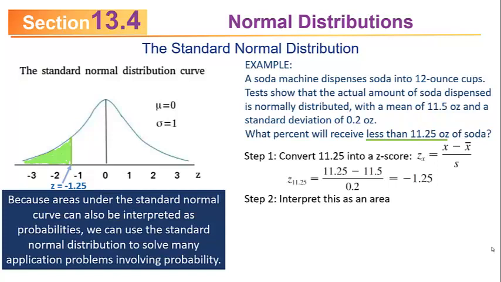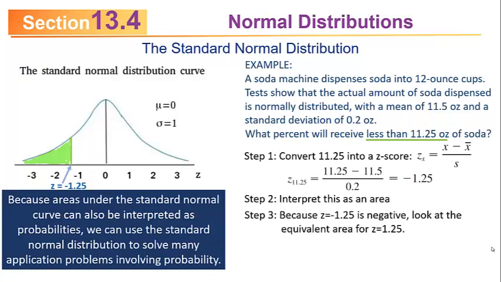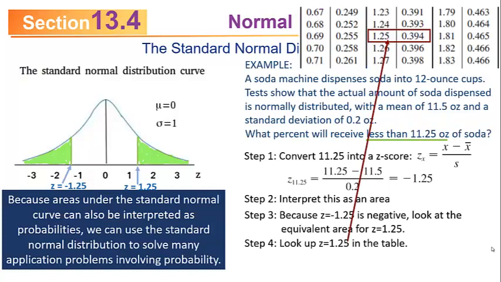Remember, you can't look up negative values in the table, but you can realize that the equivalent area going from 0 to positive 1.25 is going to be the same. So all you really have to do is look up 1.25 and you'll have the area to the right of 0 but to the left of 1.25.